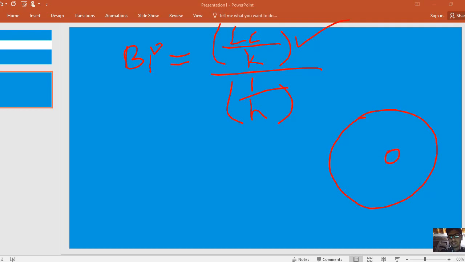Suppose this is our lump system. These are the various points in our lump system. Suppose the temperature at point 1 is T1, and at point 2 the temperature is T2. So the temperature at every point is the same. So T2 will be equal to T1, because in a lump system the temperature is constant at every point.